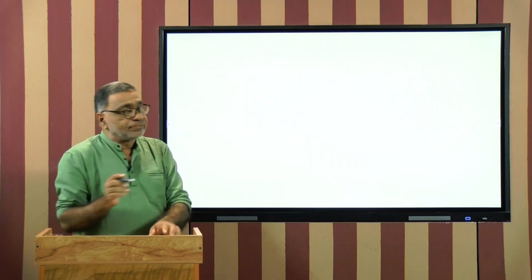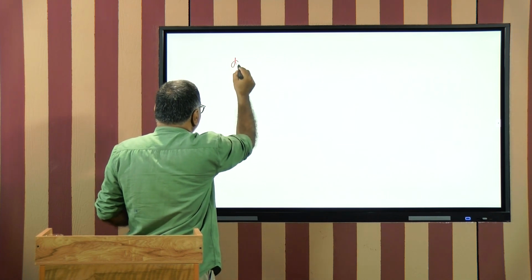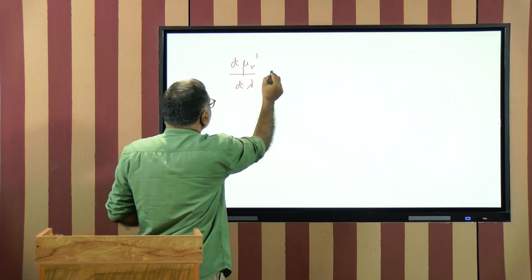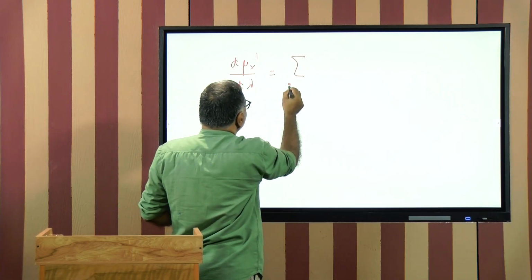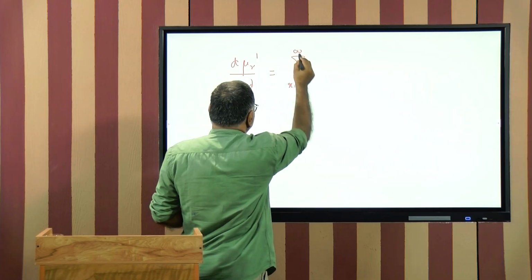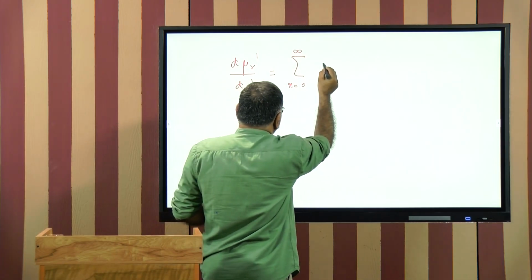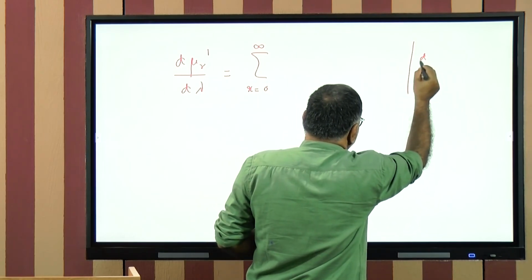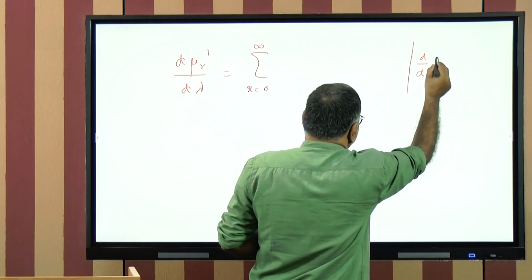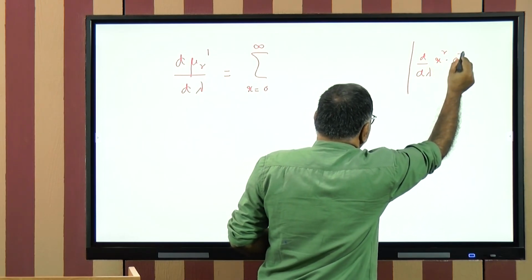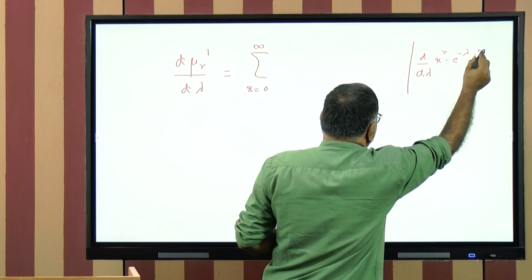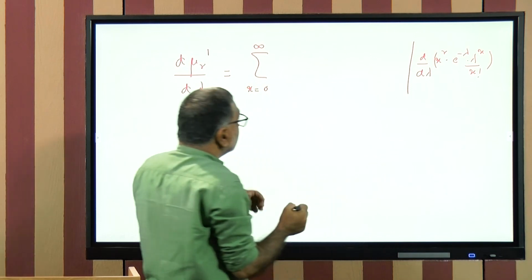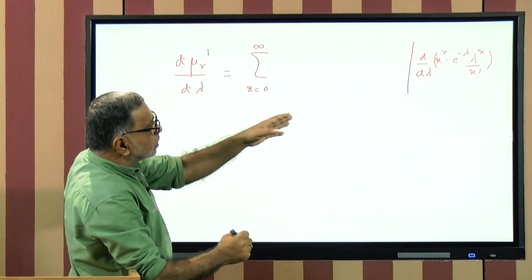Let us consider the derivative of mu r dash with respect to lambda equal to sigma over x is equal to 0 to infinity of d by d lambda of x power r e power minus lambda, lambda power x divided by x factorial. That was the expression there. So, we are finding the derivative of that expression.